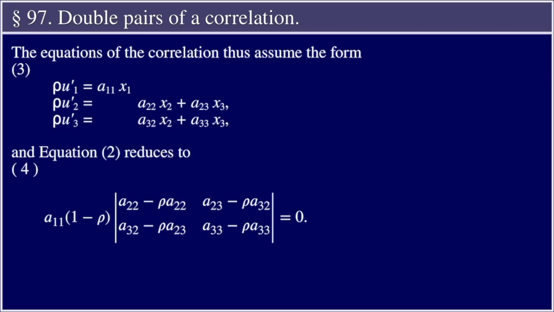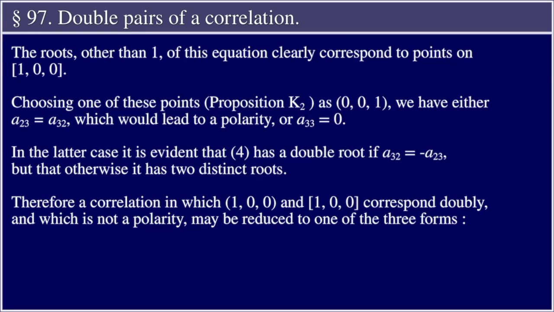a11 times the quantity, 1 minus rho, times the determinant, a22 minus rho a22, a32 minus rho a23, a23 minus rho a32, a33 minus rho a33 equals 0. The roots other than 1 of this equation clearly correspond to points on 1, 0, 0.